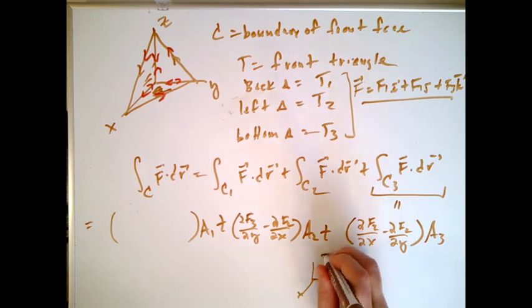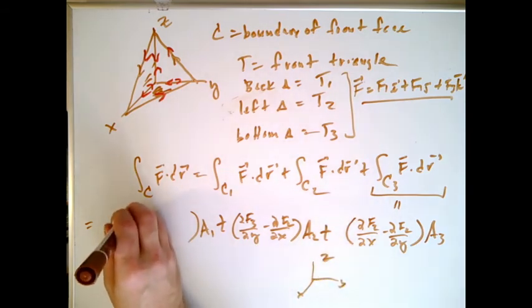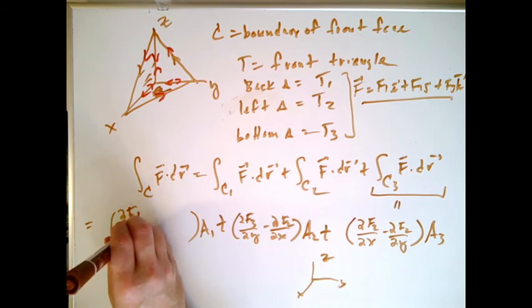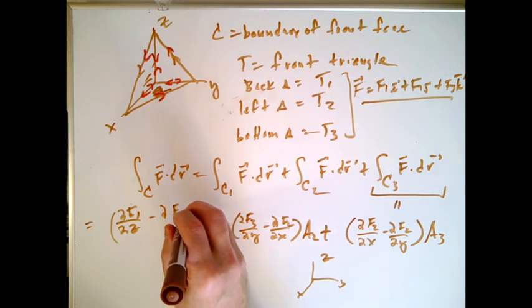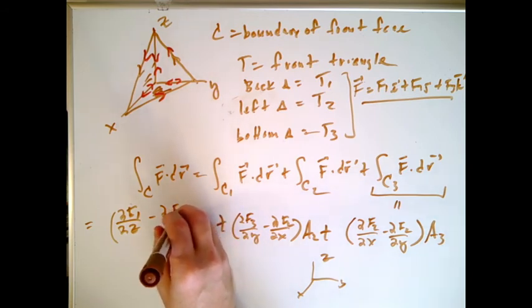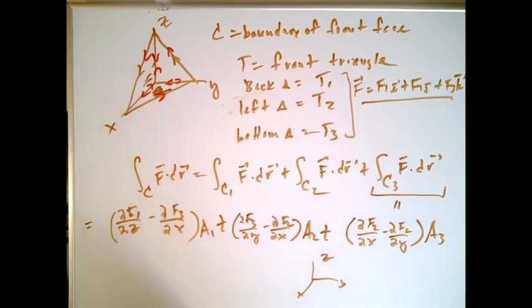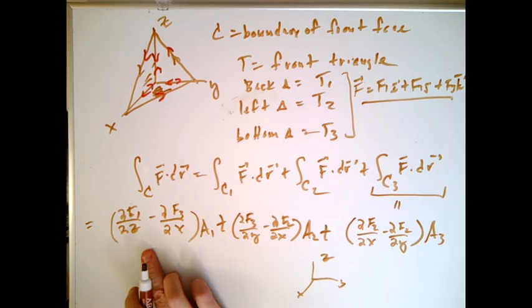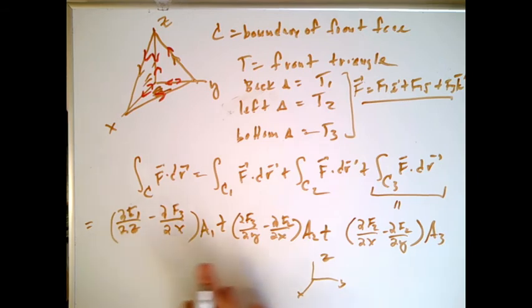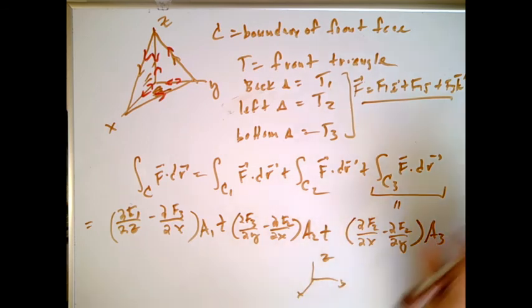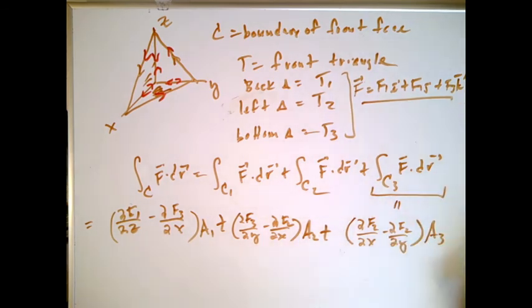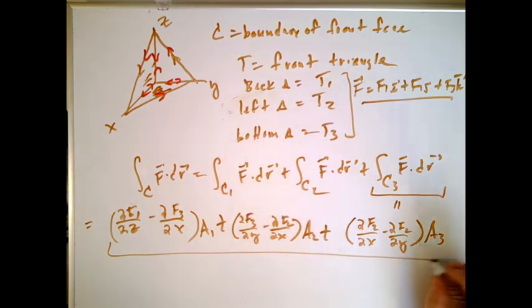There's X, there's Y, there's Z. So this is going to be something like partial of F3 with respect to y minus partial of F2 with respect to z. We will have a short way of actually remembering that. But this should be the work that's done by the vector field where I plays no part, where J plays no part, and where K plays no part. And we get this great big, long, huge thing that is the work done along a little tetrahedron.